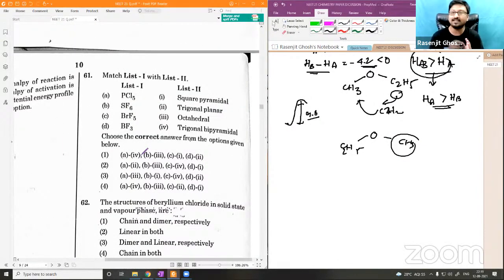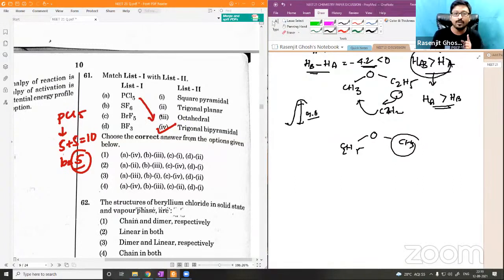61. Another straightforward question, but a little bit of information here. PCl5, SF6, BrF5, and BF3. Now, PCl5: the number of valence electrons in phosphorus is 5, chlorine is 5. So 5 plus 5, 10. So your number of bonds is 10 by 2, 5. 5 bonds form the trigonal bipyramidal geometry.